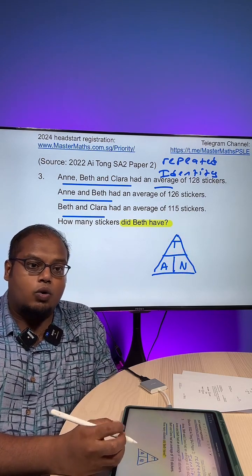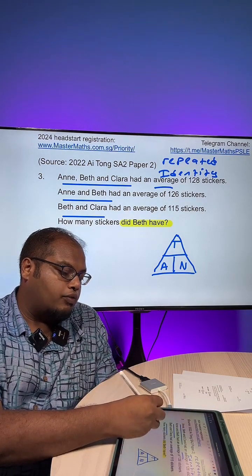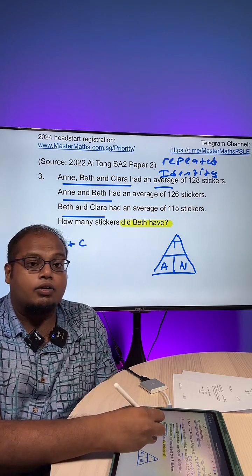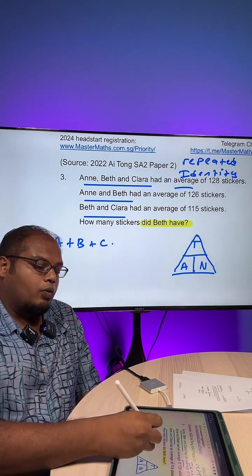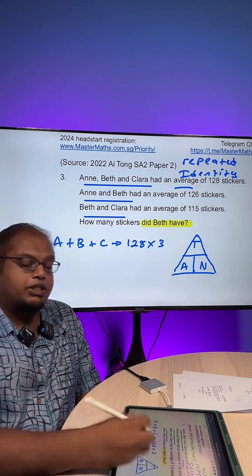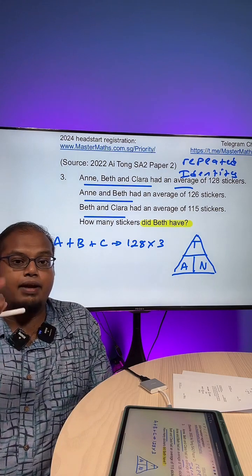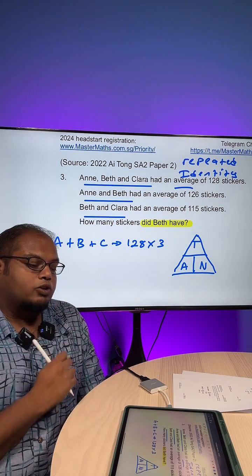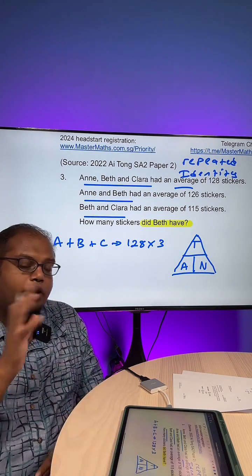So we can actually find the total of Anne plus Beth plus Clara. Total of the 3 persons will be 128 times 3. Why? Because 3 persons, Anne, Beth, Clara, average 128. So we multiply. Those who are new to that triangle, right?